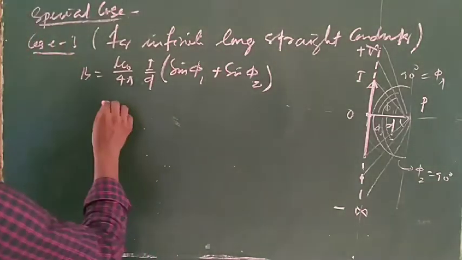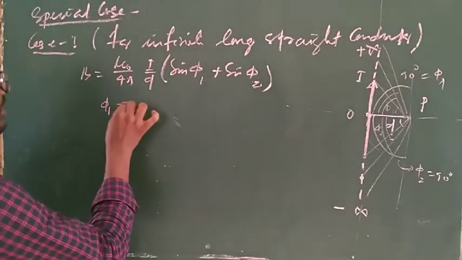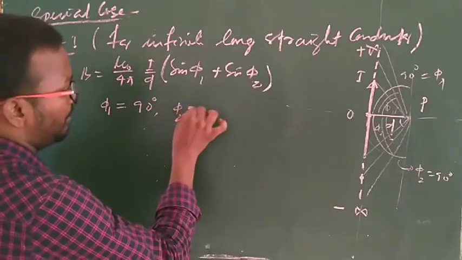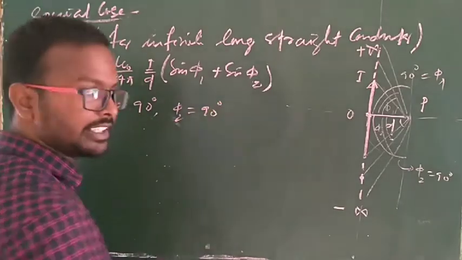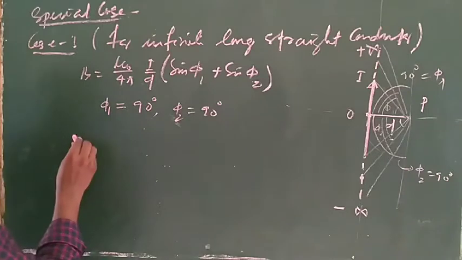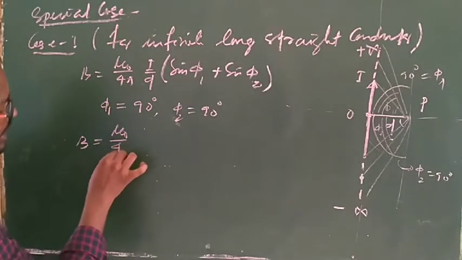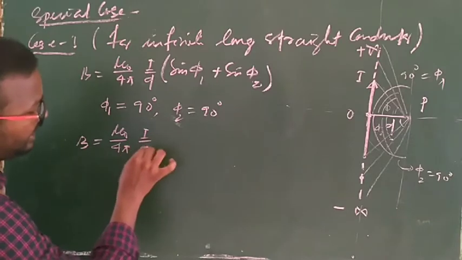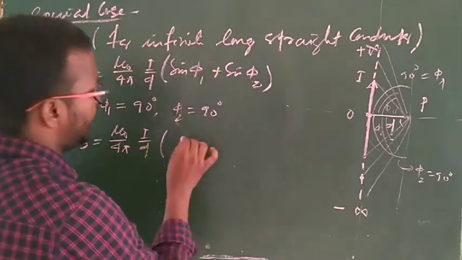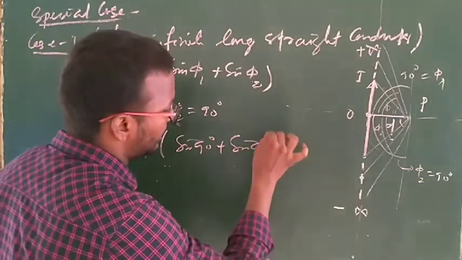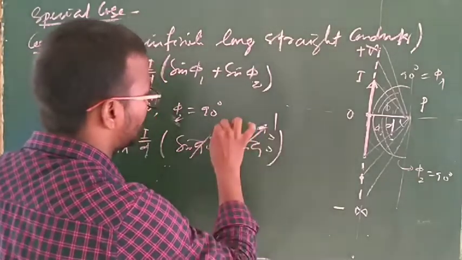Clear? So for an infinitely long straight conductor, phi 1 equals 90 degrees and phi 2 equals 90 degrees. So the relation will be B equals mu naught by 4 pi, I by D, into sin 90 plus sin 90, and the value of sin 90 equals 1.